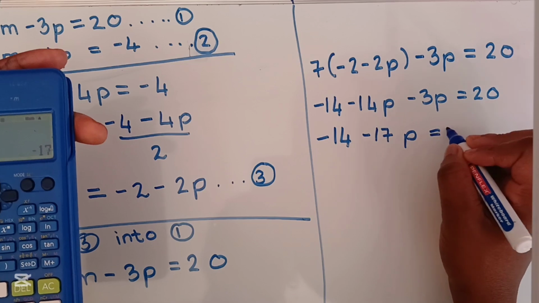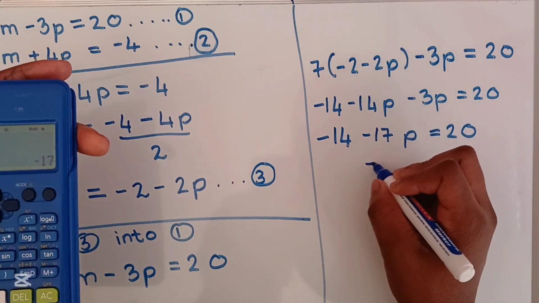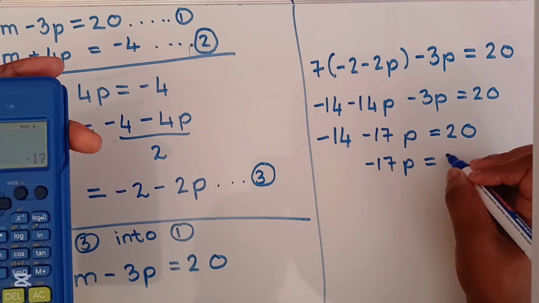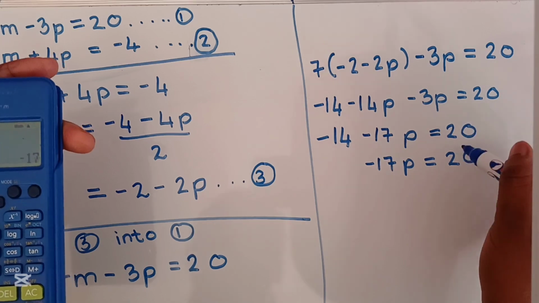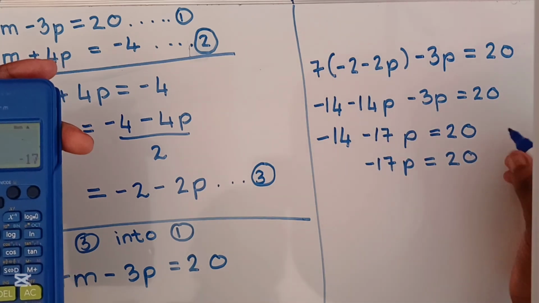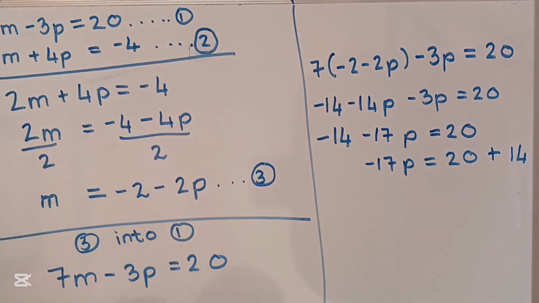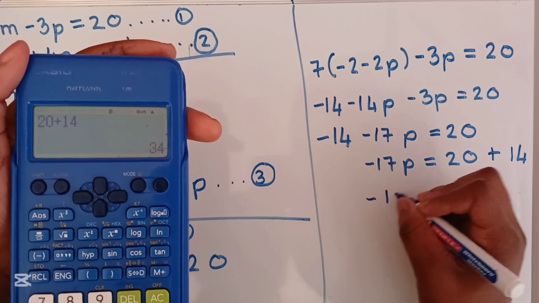17p equals to 20. Now let's isolate this variable. Negative 17p equals to 20. I move this 14 the other side since 20 and negative 14 are like terms, and it becomes positive 14. So 20 plus 14 will give me 34.